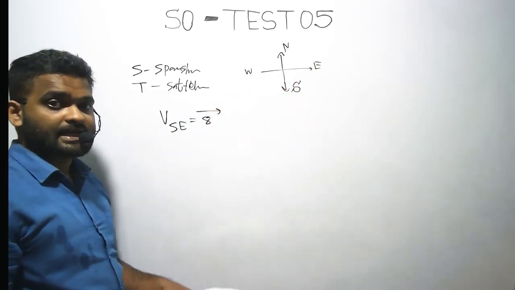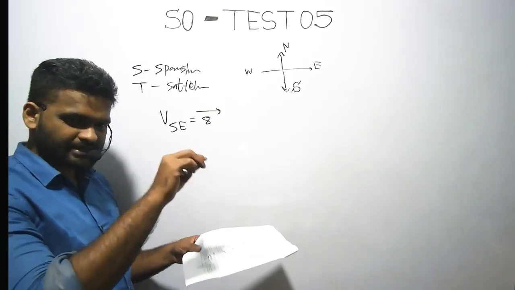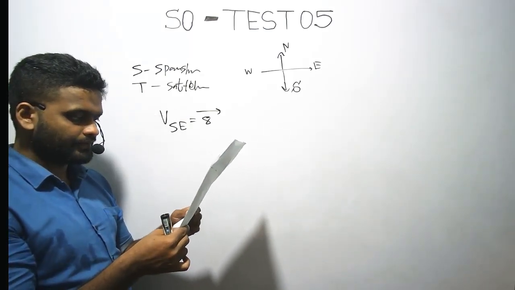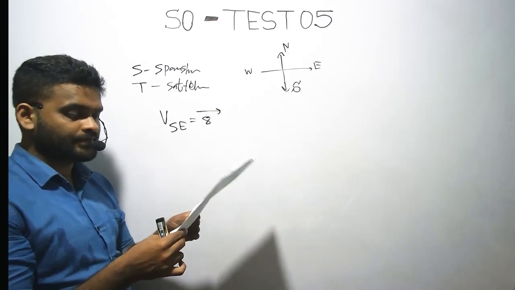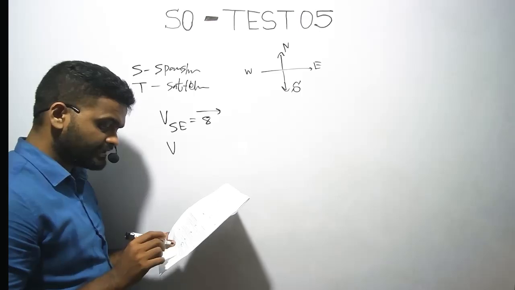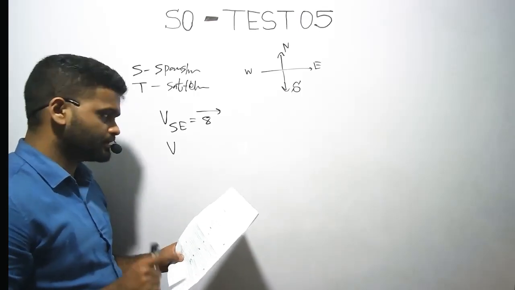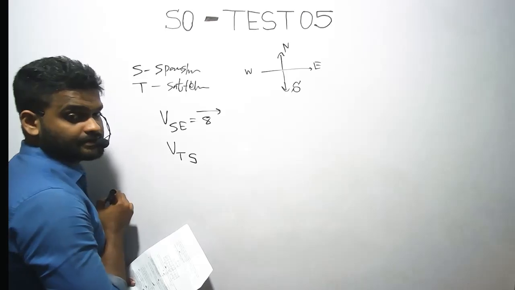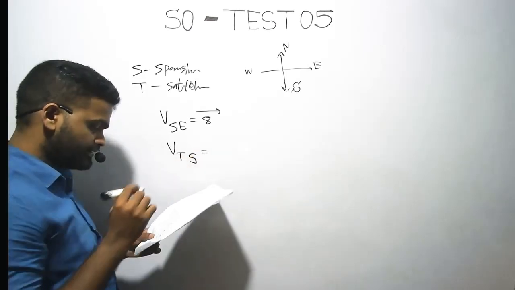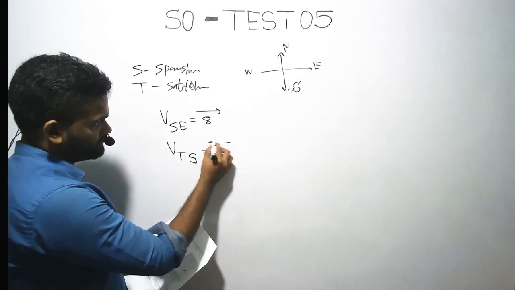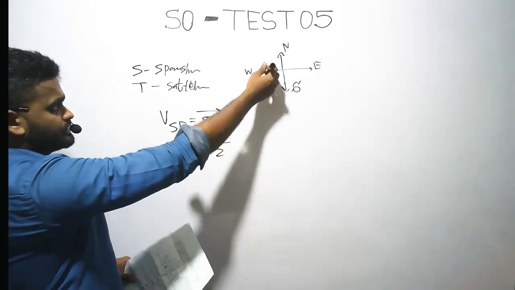It releases a satellite. So the spaceship releases a satellite at 2 kilometers per second. The question says relative to spaceship, the satellite is released at 2 kilometers per second in the opposite direction. Opposite means to west.